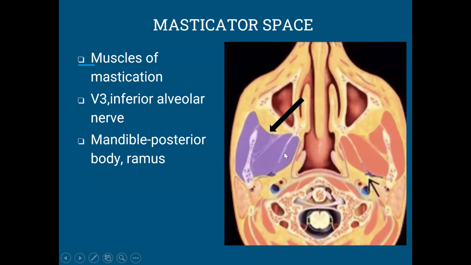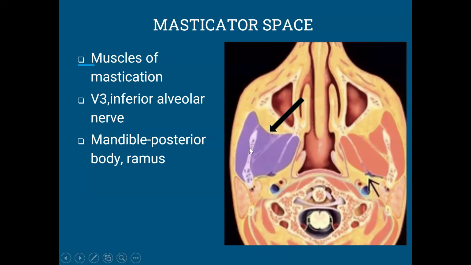In addition to that, we have the nerve, that is the mandibular division of the trigeminal nerve, mainly the inferior alveolar nerve, which runs in the mandibular canal. And lastly, the bony component of this space is the posterior body and ramus of the mandible.